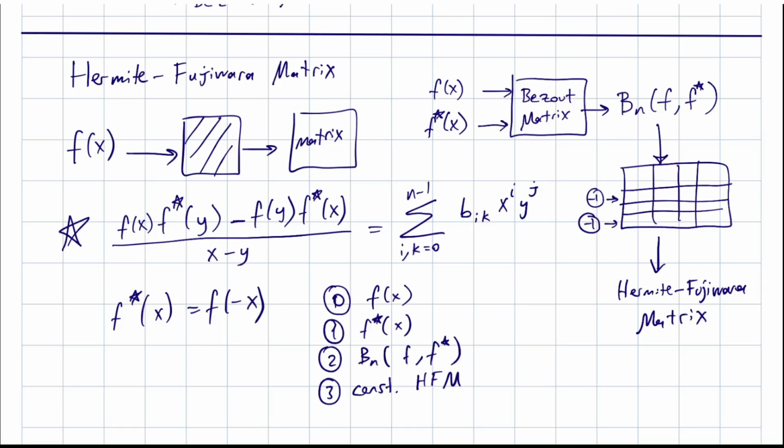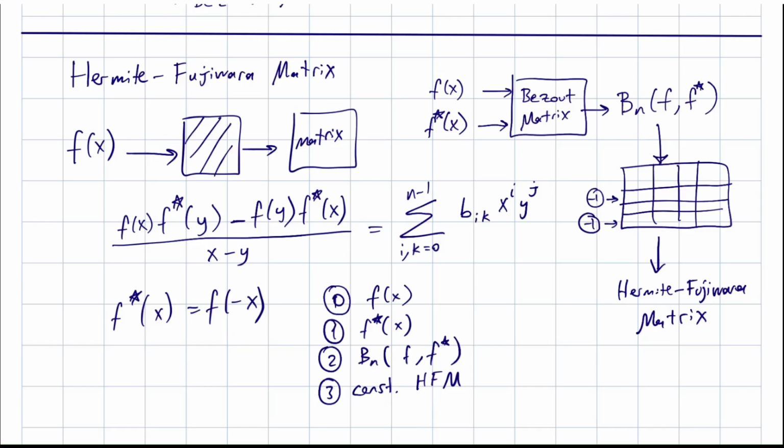By using this formula, and we have talked about the Bezout matrix in the previous video, so you can check that out. It's just a simple procedure, but we are not going to talk about the details of constructing the Bezout matrix. Then construct the Hermite Fujiwara matrix. How?